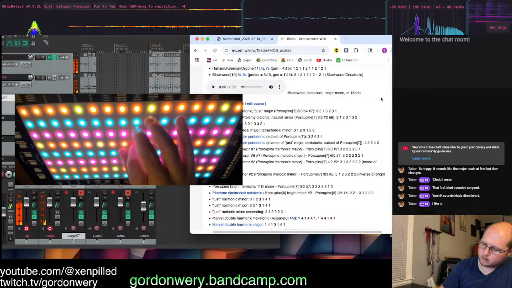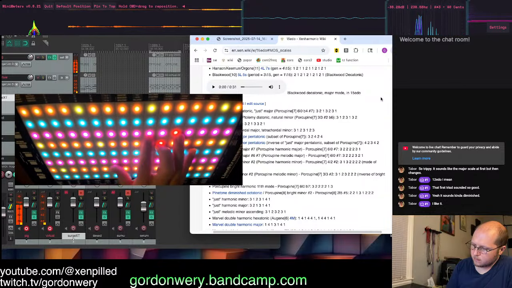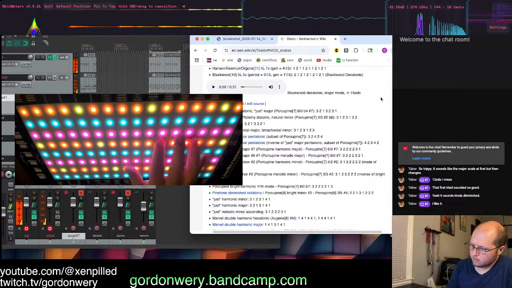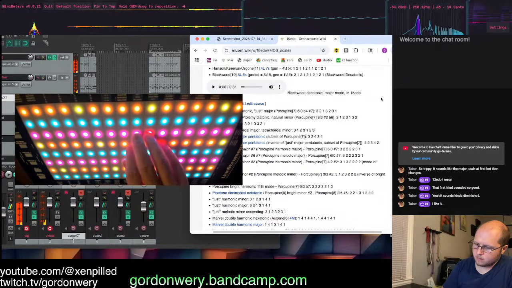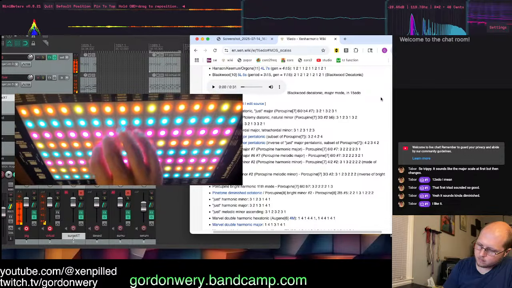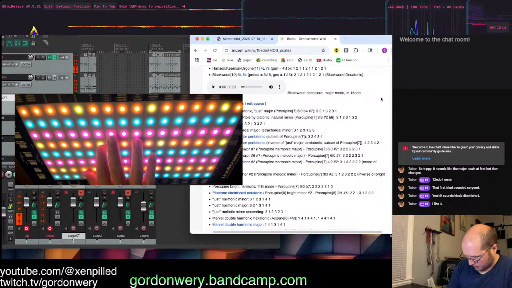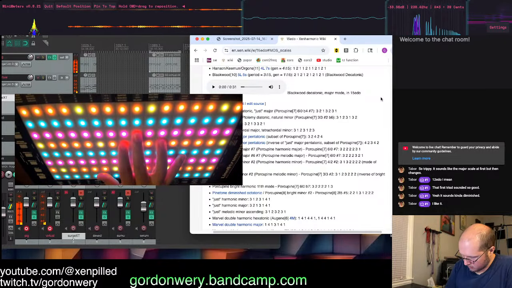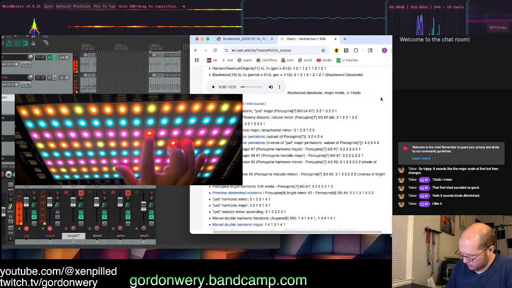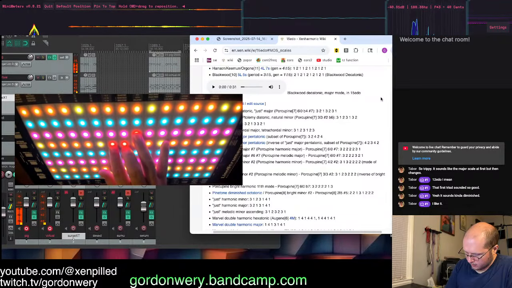C minor. Okay, so yeah, minor. So this would be sub minor, then minor.